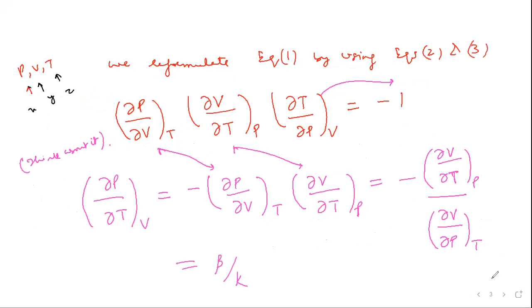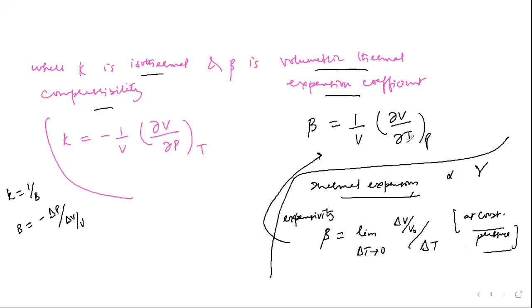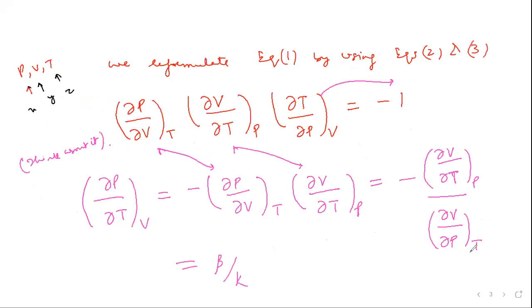Dou V by dou T at constant P is this, and in the denominator you have dou V by dou P at constant T. So it is beta by K.